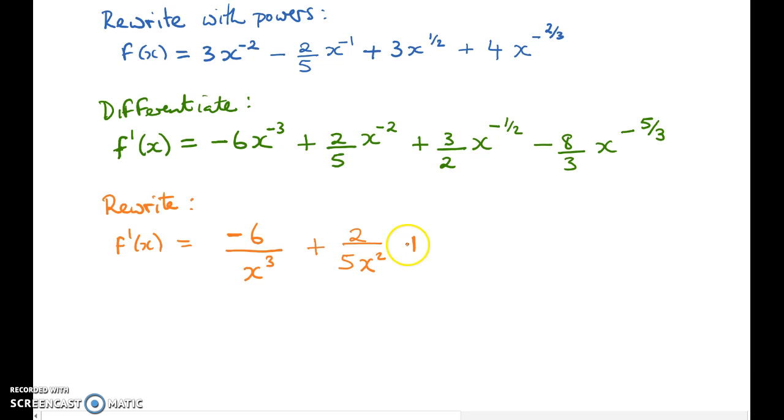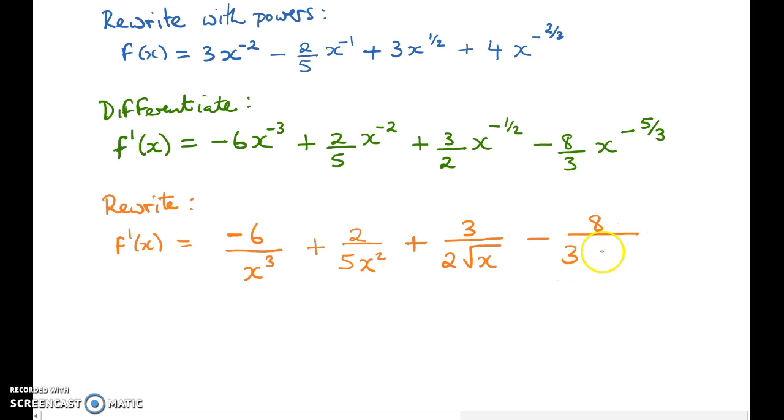This is going to be plus 3, and on the bottom we have 2. The x had a negative power, so it's going to go underneath, and it was the power of 1/2, which is the square root. So plus 3 over 2 root x, and then minus 8 over 3.